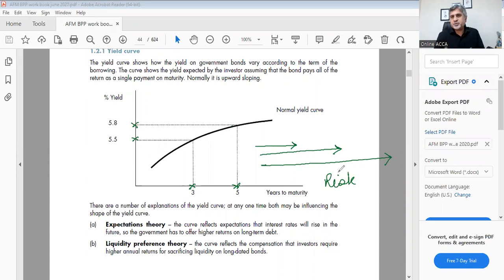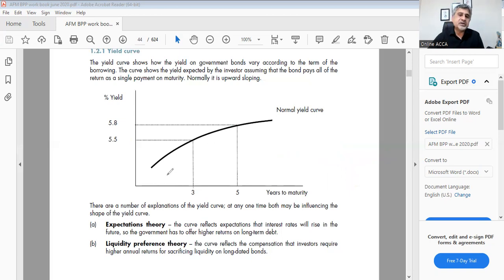Okay, today it suits me, but will it remain suitable for another 8 years? So long-term investments have higher risks and therefore they offer higher returns. This is the normal yield curve. The yield curve normally goes up, okay? It goes up. Sometimes you might have a reverse yield curve.